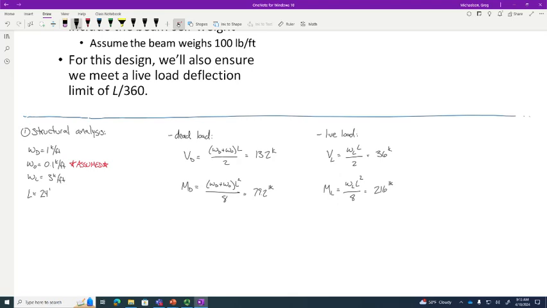Okay, so excuse me, our factored load. We have the shear, which ends up being 73.44, and the moment, which is 440.64.